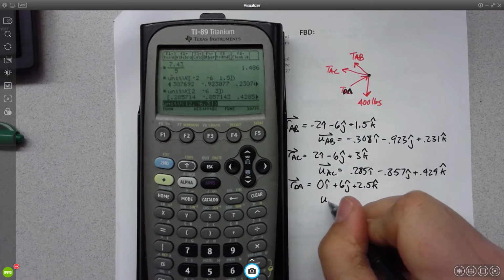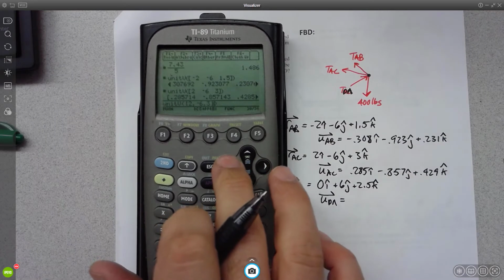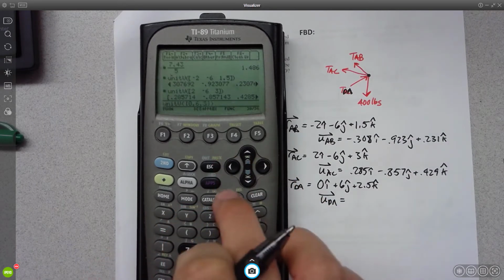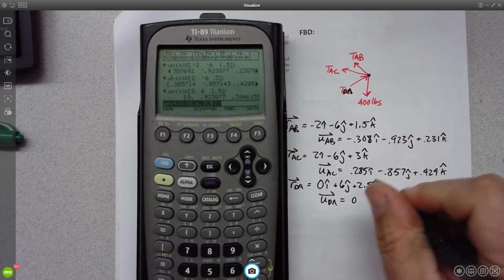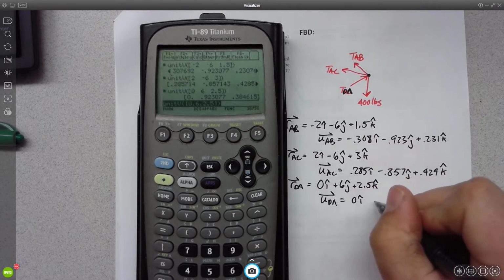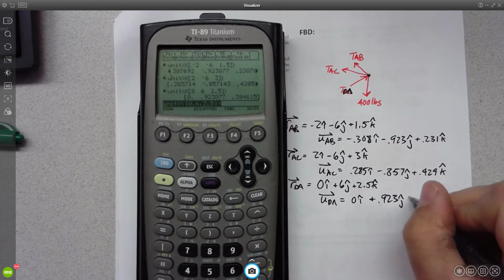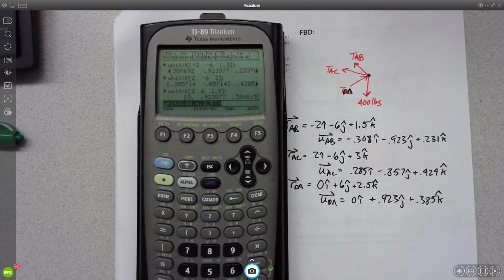And then let's do UDA. We'll get 0 I hat plus 0.923 J hat plus 0.385 K hat. Okay.